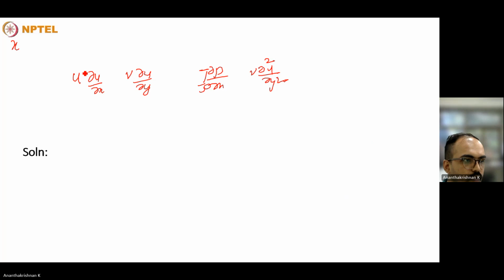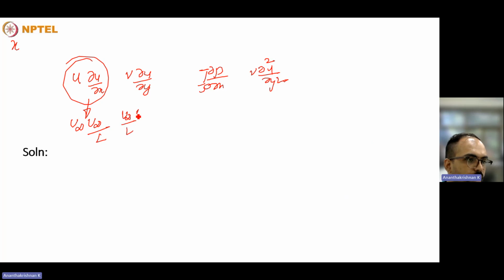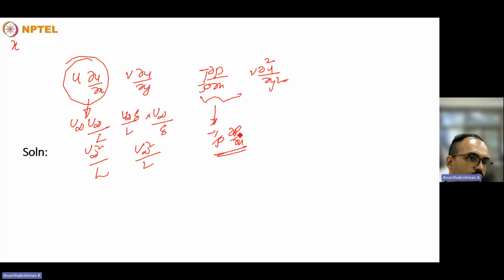And this, u infinity into ∂u/∂x, takes the form u infinity by L. Similarly, this v takes the form u infinity by L into delta, into u infinity divided by delta. So basically, it will also reduce to u infinity squared divided by L. So the scaling of minus 1 by rho ∂p/∂x will also follow the same trend.